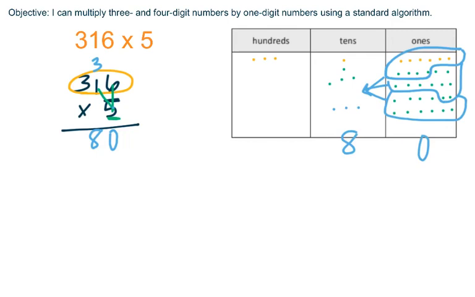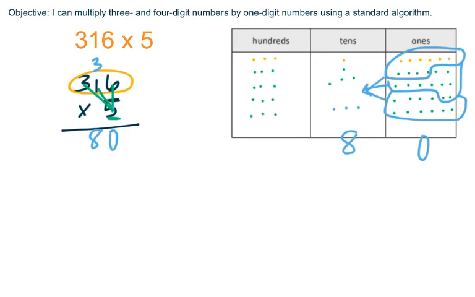Alright, last column here, our hundreds, multiply by 5. Well, 5 times 3 is 15, so I should have 15 place value discs with my 5 groups. So I've got 1 group, 2, 3, 4, 5.